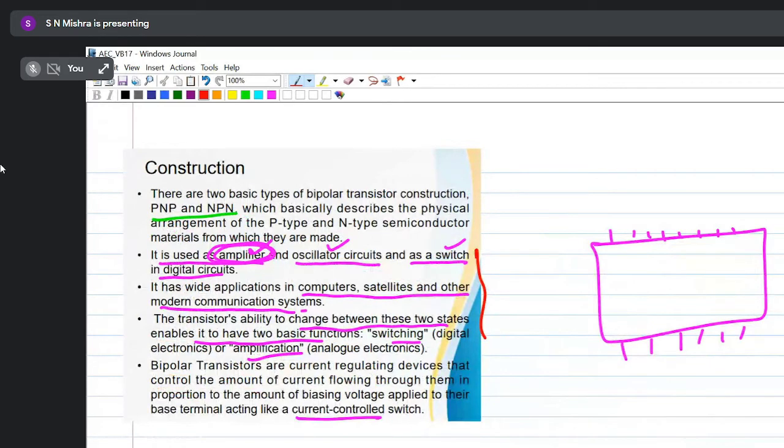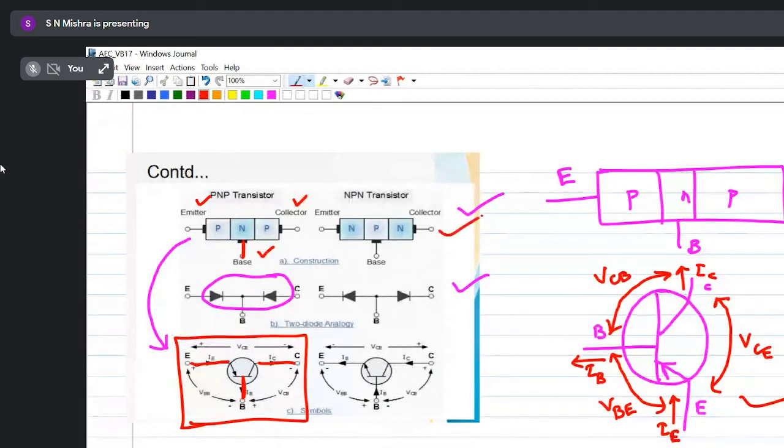And after that the summary here: the practical or structural view, conceptual view, and symbol with current and voltage nomenclature. Any doubt from this part?